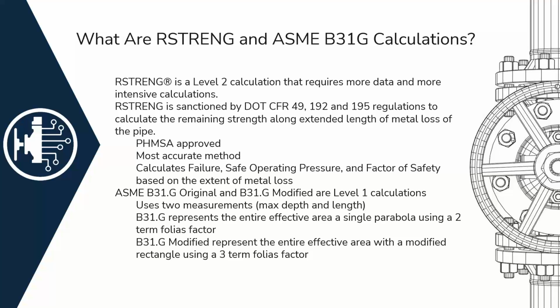Well, level 1 is just taking the maximum length of the defect, we'll call it metal loss, which we're talking about as corrosion basically, whether internal or external, and the maximum depth at some midpoint. And this is what made it extremely conservative, though in some cases it may not be, because of the way the calculations were set up. The idea was to come up with something that is going to work for industry.